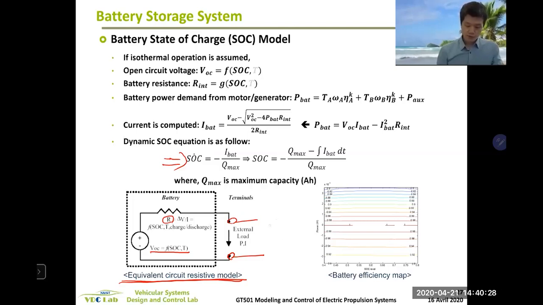We have voltage across these two terminals, and then we have a load, which could be anything. We have current flow, and if we multiply these two, then we get power. But how can we compute this power?